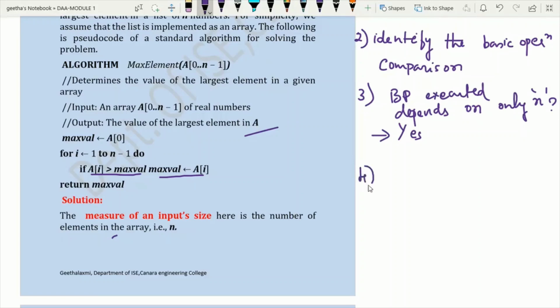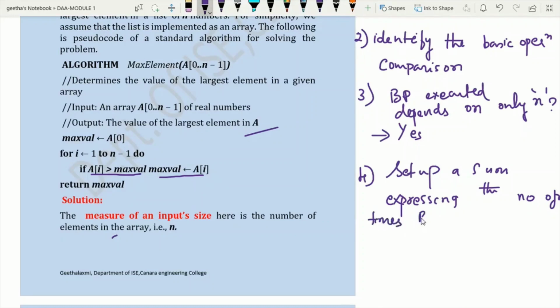Okay. The fourth one is to set up a sum expressing the number of times the basic operation is executed. I am representing the basic operation count as C of n because it depends on n.